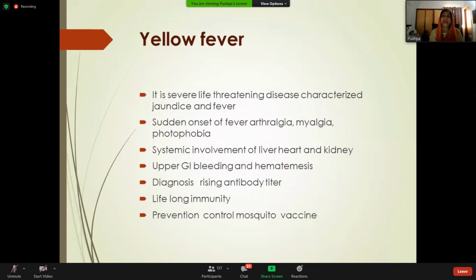The vaccine is also available for yellow fever, but it is not so with dengue fever. In Mexico they synthesized a vaccine, but it is not licensed yet. Okay, so Sidra asked this question for yellow fever.